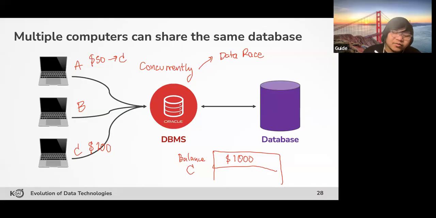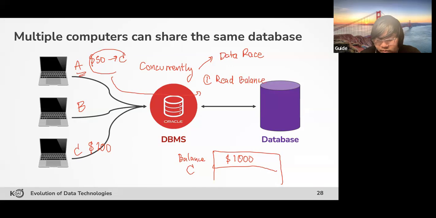So in order for A to deposit money, there will be multiple steps, right? The first step is that we need to know what is the current balance of C, right? So we need to read the balance from C, right?